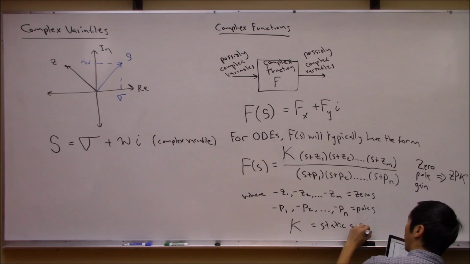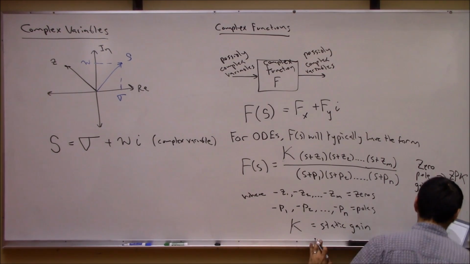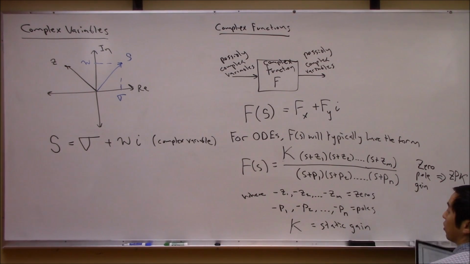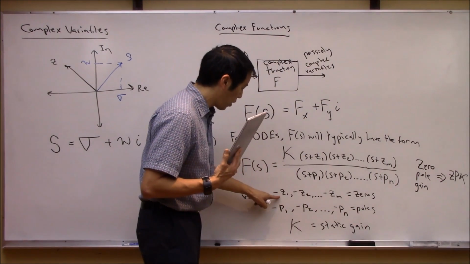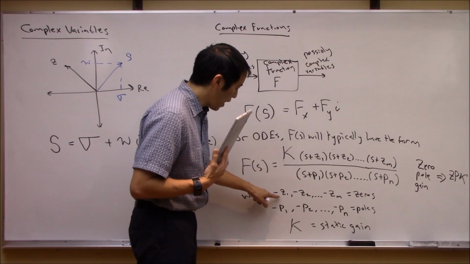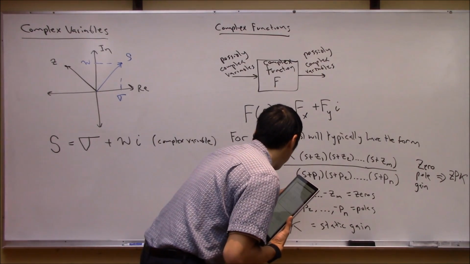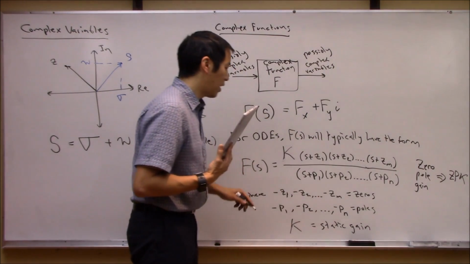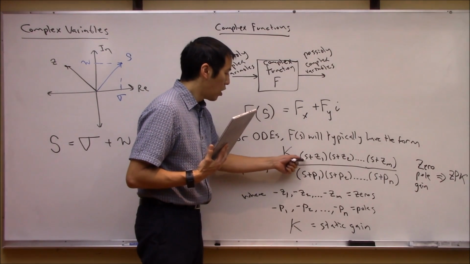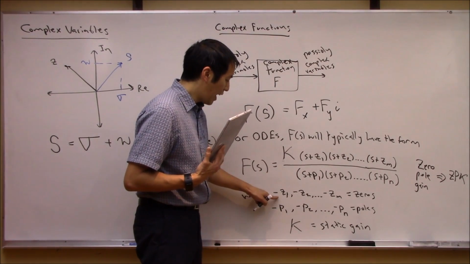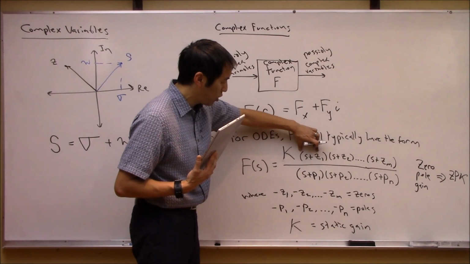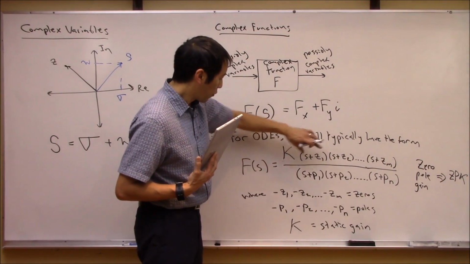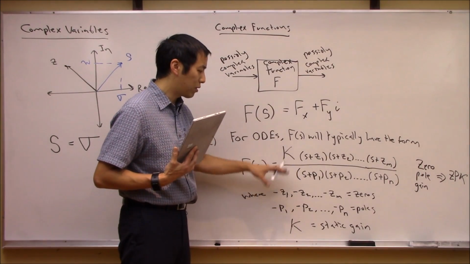So most of the complex functions we consider when dealing with ordinary differential equations are going to look like this. Now, you can almost tell why these get their name, right? Why are these values of negative z1, negative z2, negative zm special? Well, when the complex variable s takes on a value of negative z1, this term in the numerator becomes 0. Therefore, the entire complex function becomes 0.